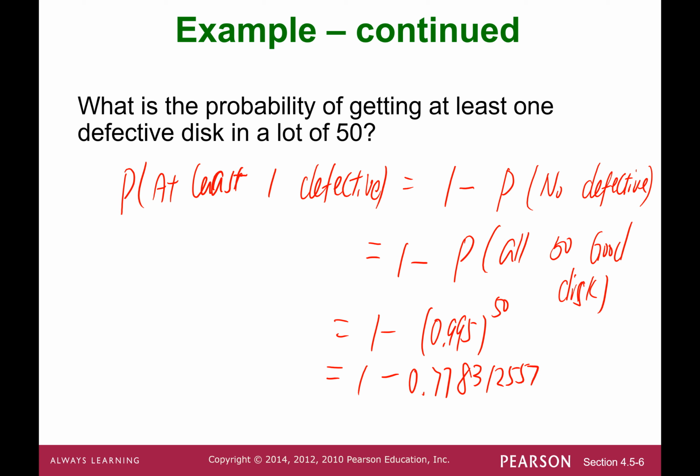This is going to be approximately 0.222. So we have a 22.2% chance of getting at least one defective disk in a lot of 50.